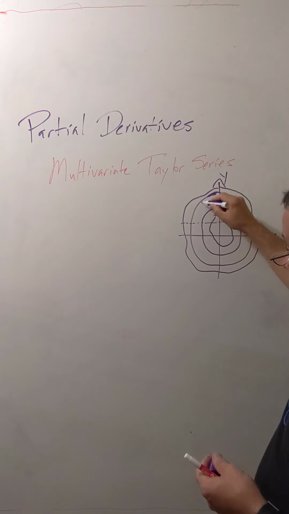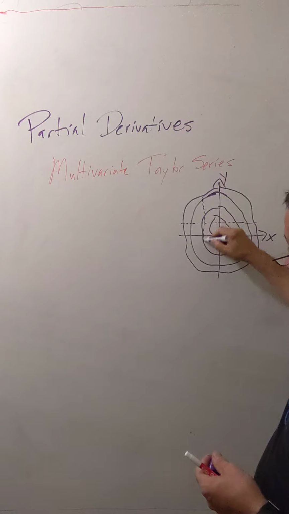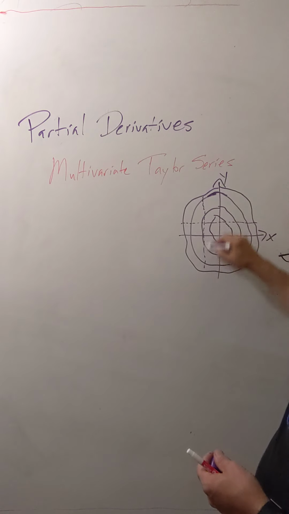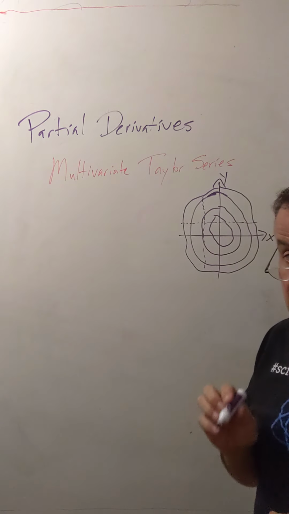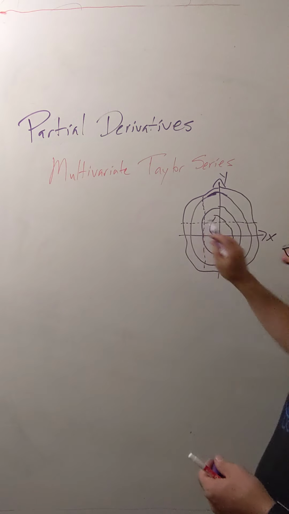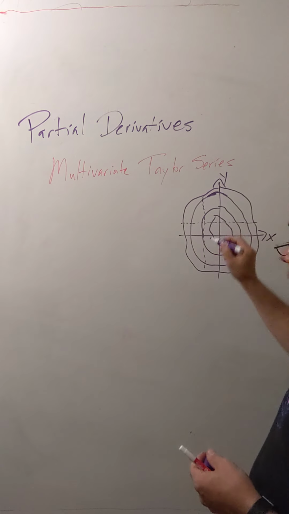Similarly, we could hold x fixed and move up and down as a function of y, and we could write out a Taylor series holding the x fixed going up and down.